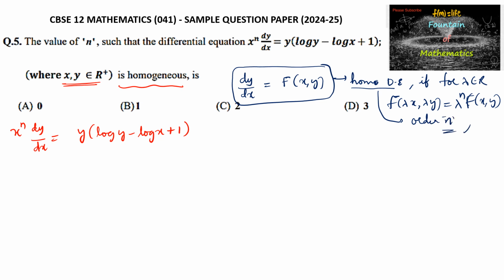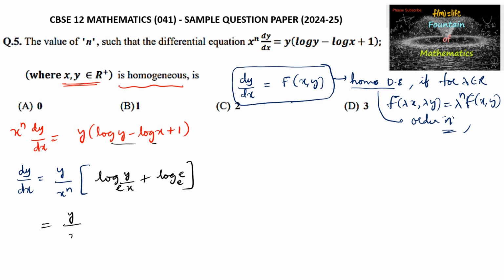So let us write it in the form dy by dx is equal to f of x comma y. So we can write dy by dx is equal to y divided by x to the power n, and by using the properties of logarithms, log a minus log b is log a by b. So log y upon x, and 1 we can write as log e to the base e, because the base of the logarithm is e.